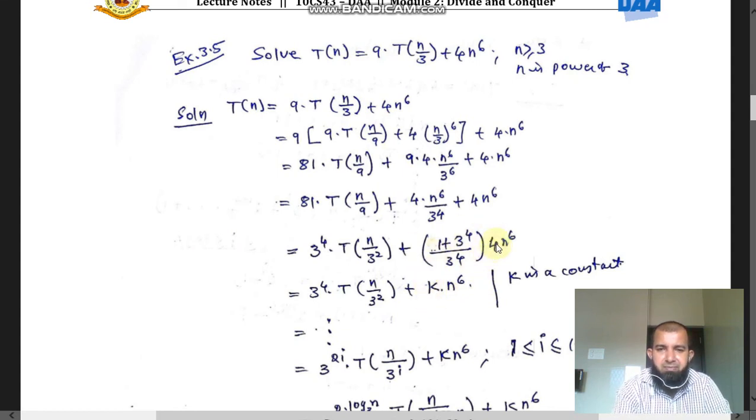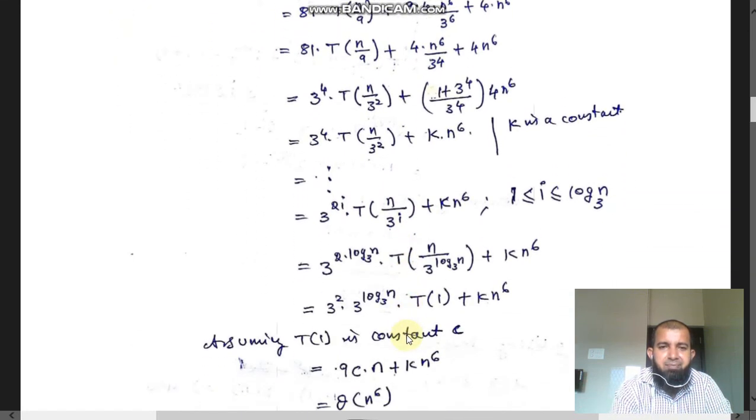In general you can write 3 to the power of 2i into T(n/3^i) plus k n^6, where i is greater than or equal to 1 and less than or equal to log n base 3.